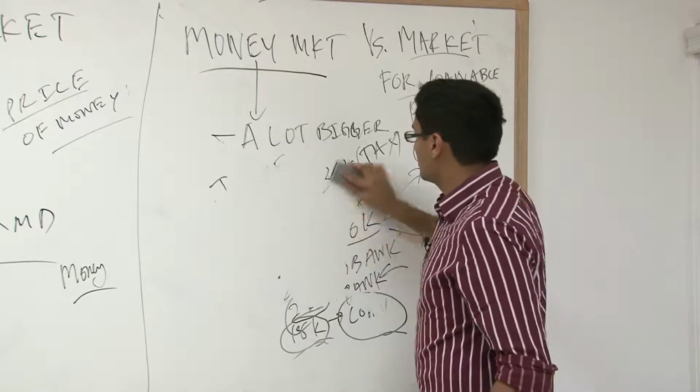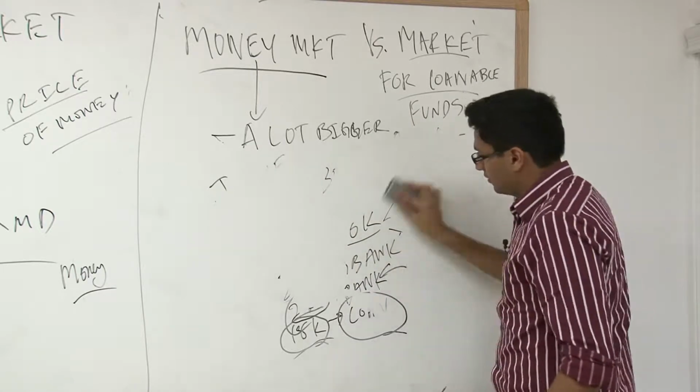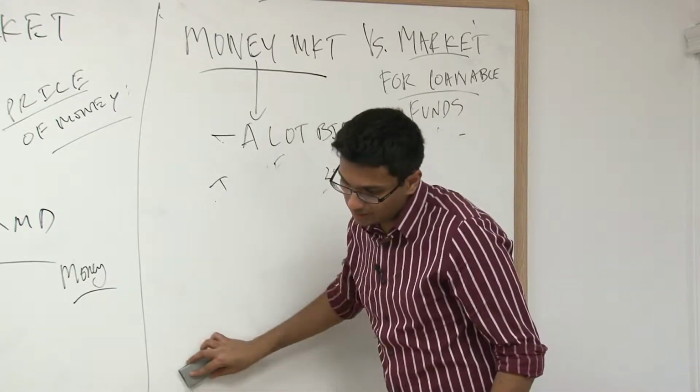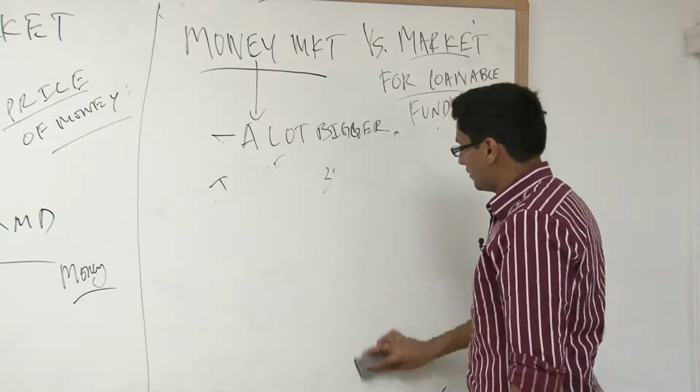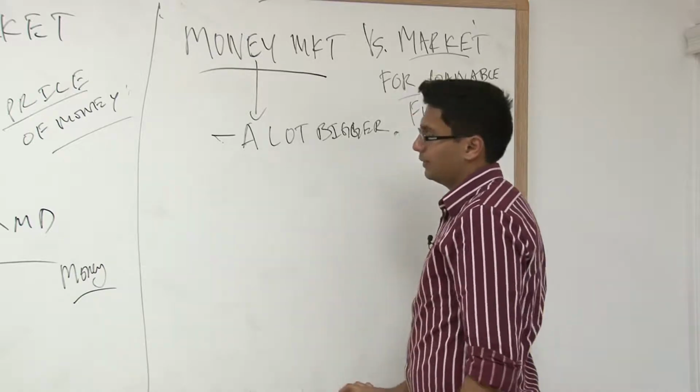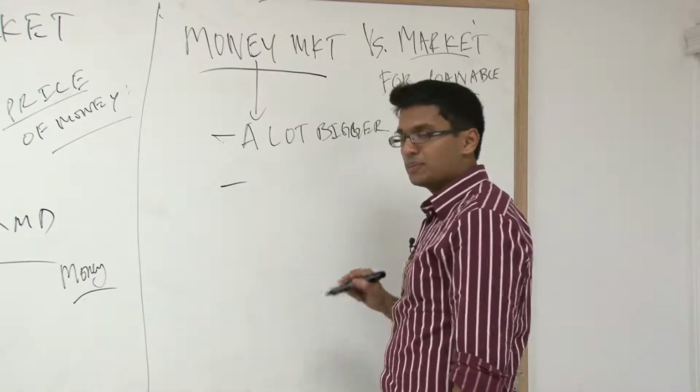All right, let's talk about the second point. Let's talk about the demand in each one of these. I've said this probably 1,000 times, but I'll say it one more time.